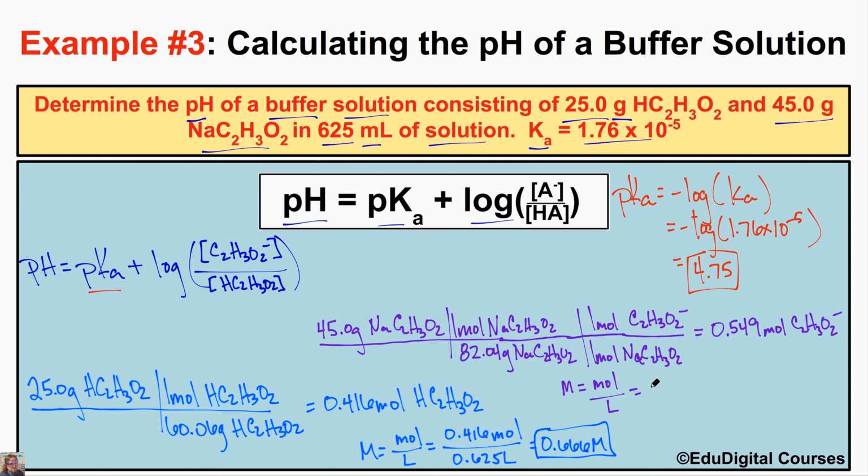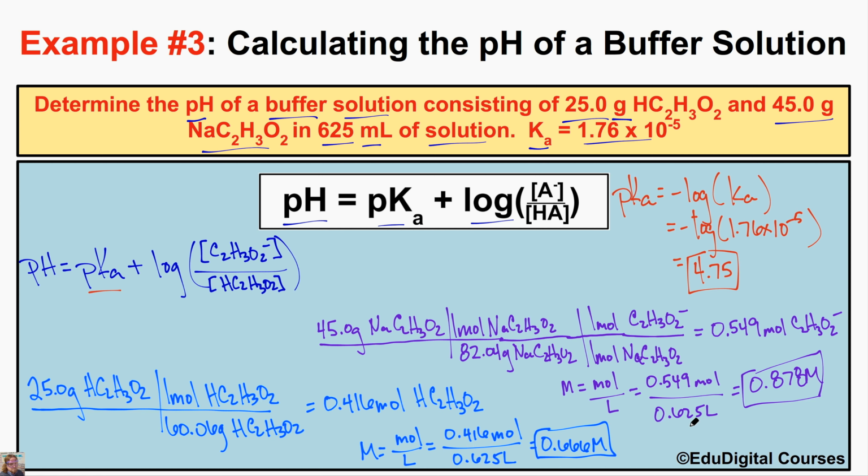So we end up with 0.549 divided by 0.625 liters, which gives us 0.878. So the concentration of our conjugate base is going to be 0.878 molar.